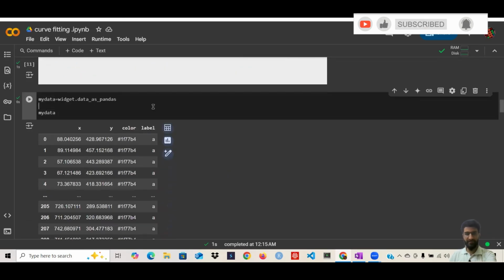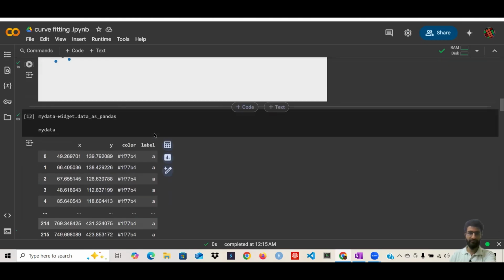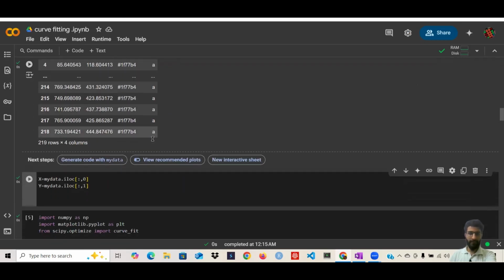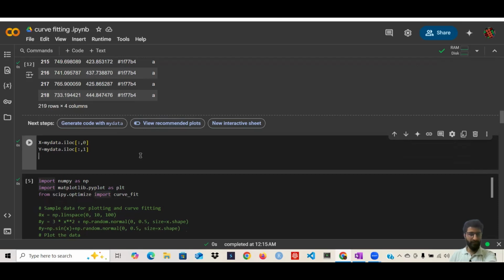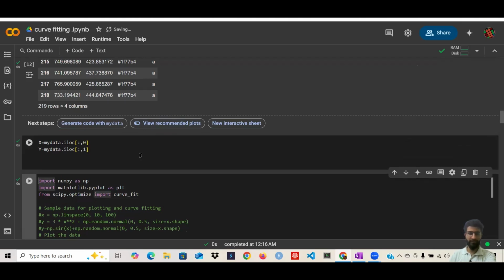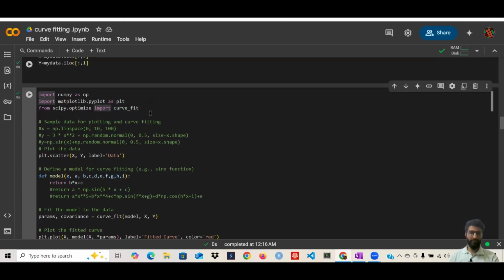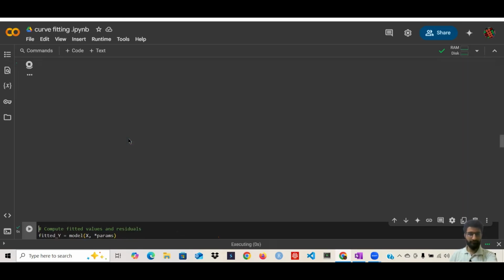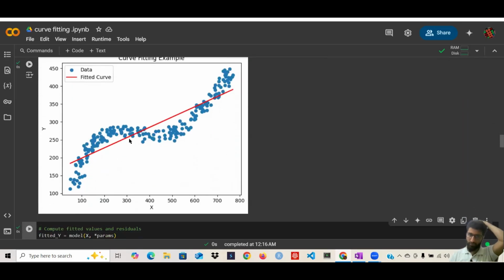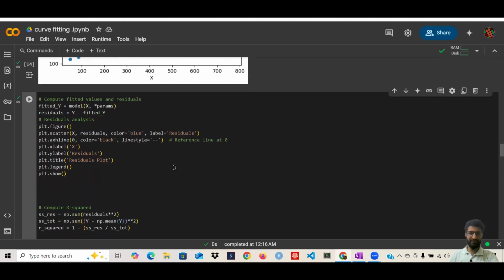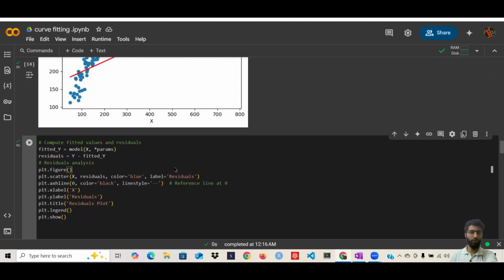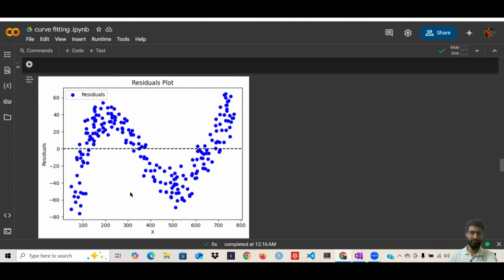I will store this data set as a pandas data frame, and now I am separating my dependent and independent variables from the data set, calling some inbuilt libraries for plotting and curve fitting. Now, if I go for the simple linear curve fitting case, this is the line which we are trying to fit, but this line is not optimal, as we can see from the residuals.